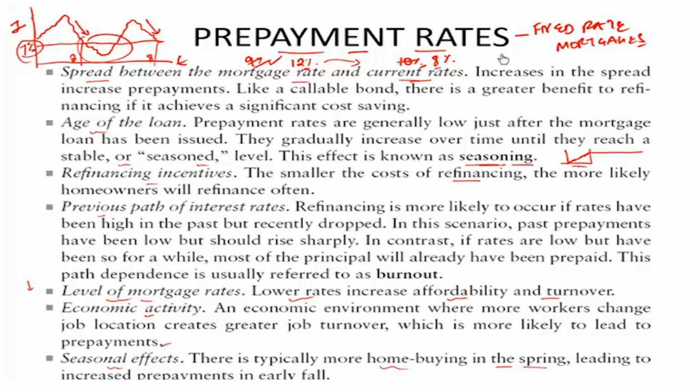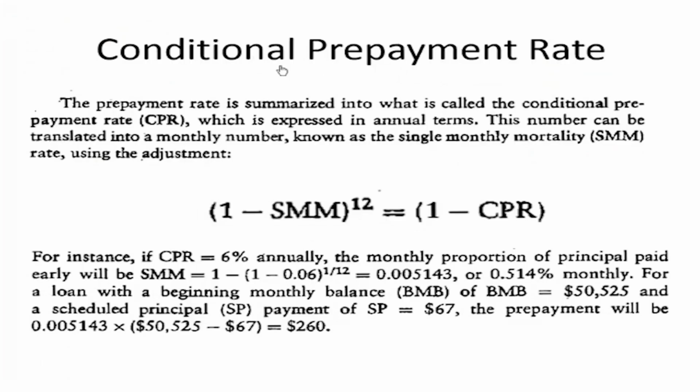That's some qualitative aspects as to what determines the prepayment rate in a mortgage. That is, the probability that you'll pay over and above your agreed upon principal or your equivalent installment. Now, the speed of prepayment is defined by something called as the CPR, or the conditional prepayment rate.